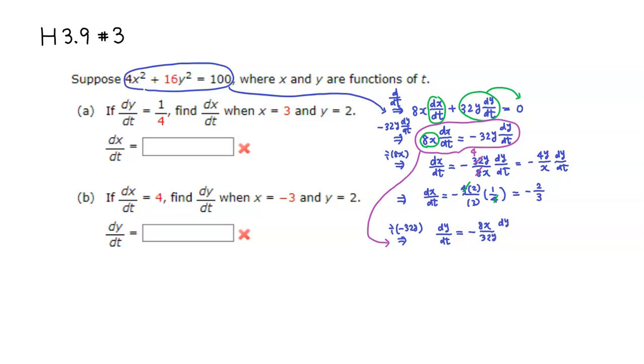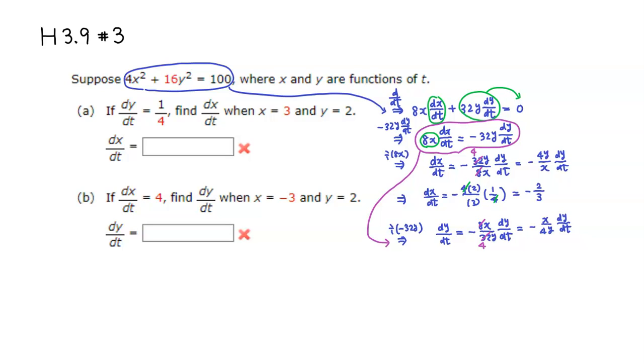We know 8 and 32 cancel out, and you have a 4 left over. So we have negative x over 4y. Actually, we could have started with the next line, but anyway, it's the same thing.